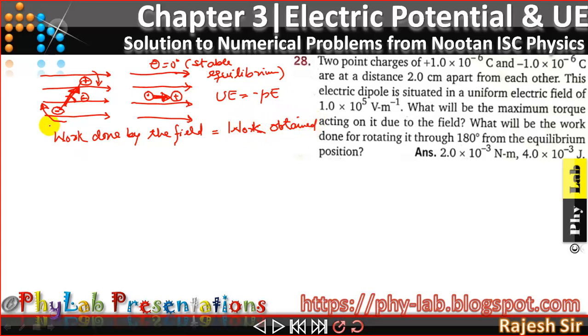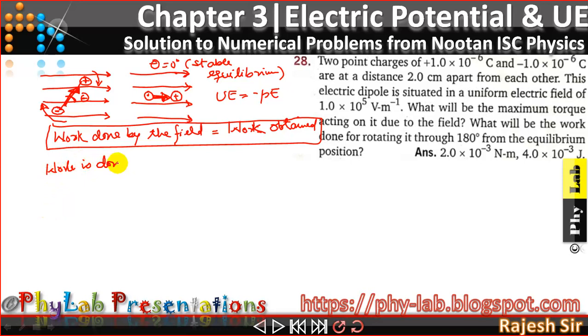Now that's one thing that you should take care of. Now what can be the second thing? If any external agent wants to do the work, that means if the external agent has to do the work, so whenever the work is done by the external agent, this is what is known in the general definition as work done.